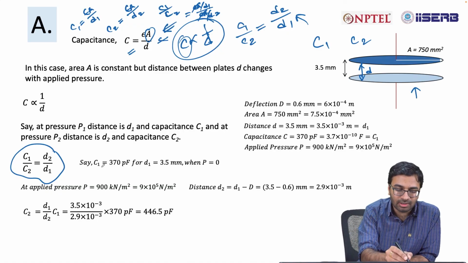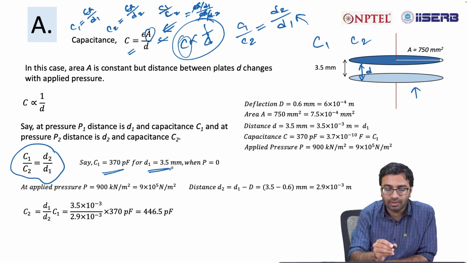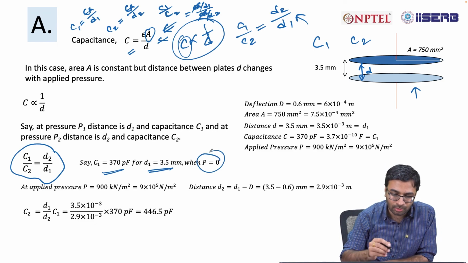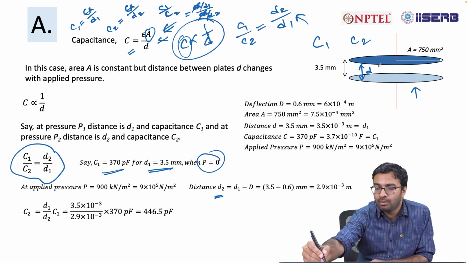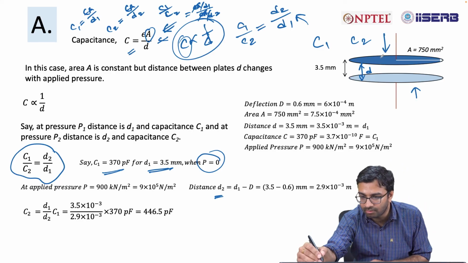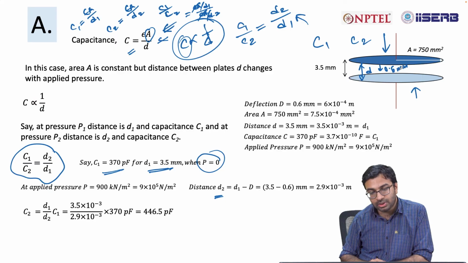Now, in this case, our C1 is 370 picofarad and D1 is equal to 3.5 mm when P is equal to 0. In second case, your D2 is D1 minus D, because now once you apply the pressure, this plate will come down by 0.6 mm. That is what is said over the problem statement.